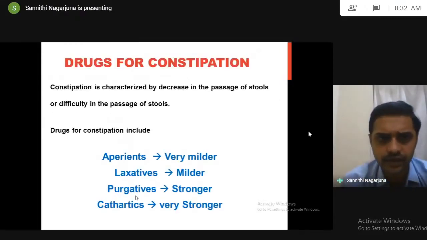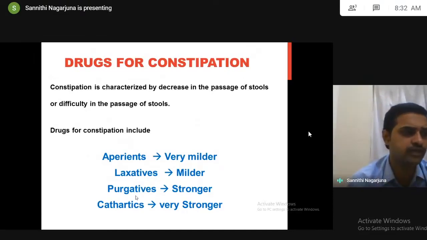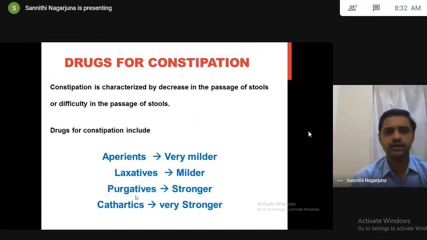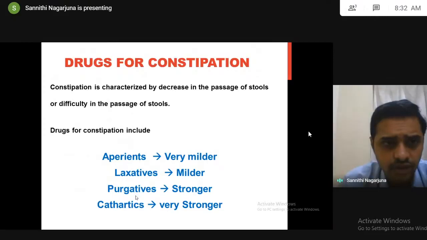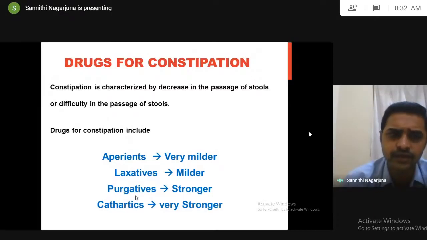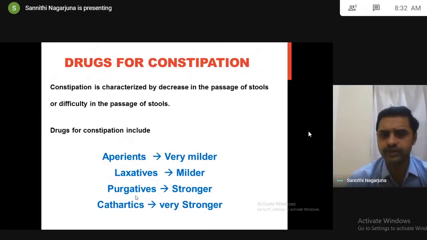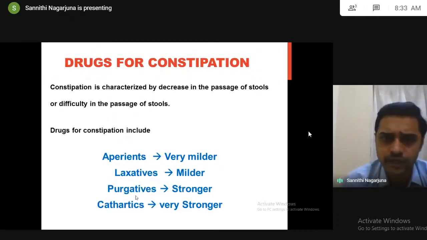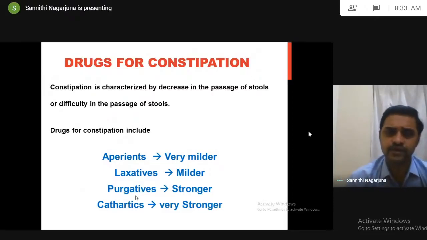And finally, drugs used for constipation, the last topic in the GIT. We all know that constipation is a decrease in the passage of stools or difficulty in the passage of stools. Opposite to diarrhea. Usually constipation is not a frequently observed condition.